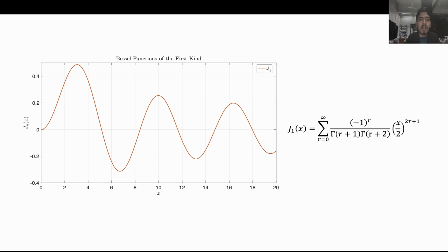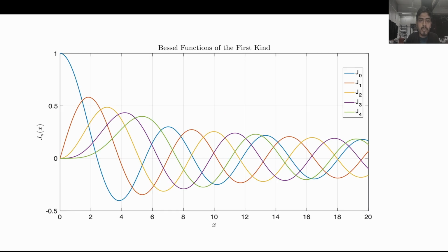Similarly, I have plotted the other Bessel functions of first kind also. This blue one is J0(x), that we already discussed, this red one is J1(x), as you can see in the legend, this yellow one is J2(x), this other one is J3(x), this violet one, and this green one is J4(x).